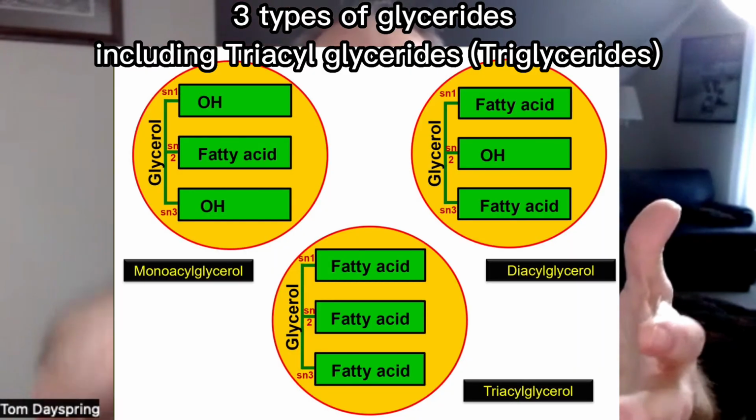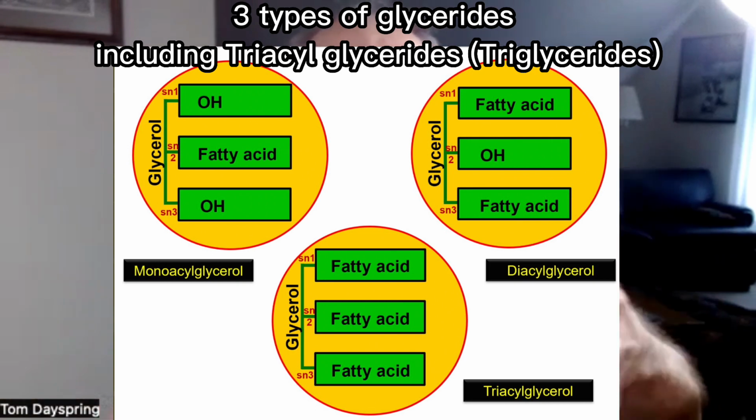And the fat that engorges chylos and VLDLs is called triglycerides. If you don't know, triglycerides are simply a complex molecule where you take a 3-carbon glycerol backbone and you attach 3 fatty acids to it. And we have a lot of different fatty acids that can be attached to a triglyceride molecule.